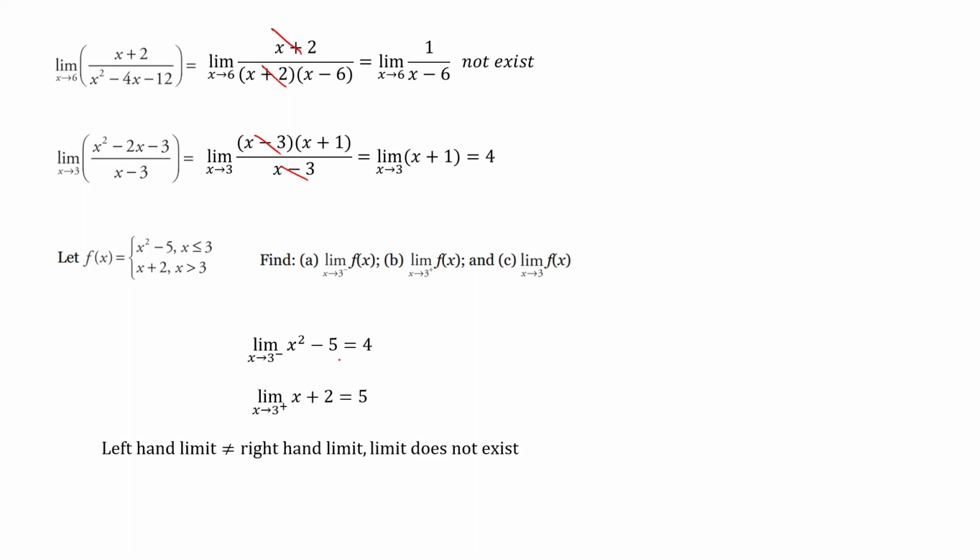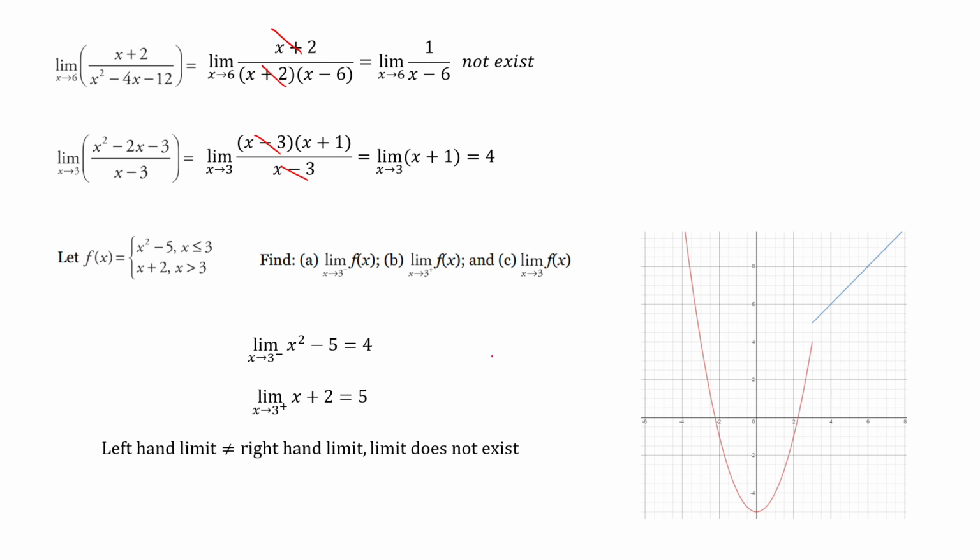We can calculate the left-hand limit as x approaches 3 negative is 4, and the right-hand limit is 5. So in this case, the left-hand side and right-hand side are not equal, so the limit does not exist. In fact, if we graph this piecewise function, we can see that when x equals 3, it's discontinuous, right?